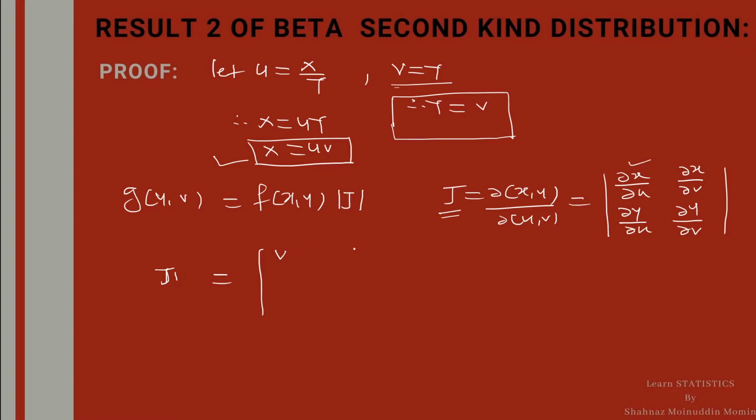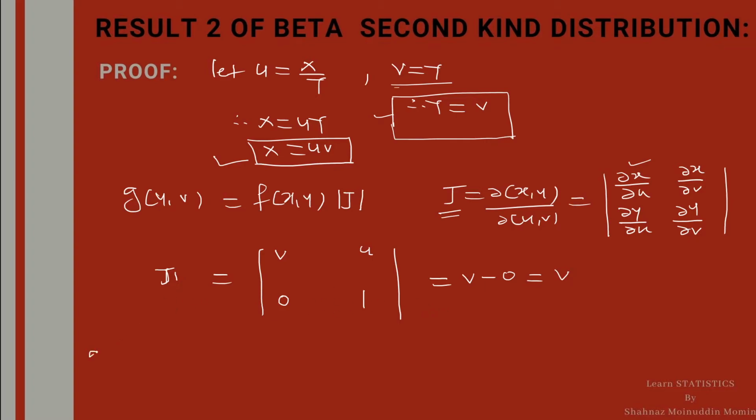Again differentiating x with respect to v, we get u. In the next row we differentiate y equal to v with respect to u. Since y contains no term containing u, the derivative of y with respect to u is 0 and the derivative of y with respect to v is 1. So it is the determinant v, u, 0, 1. After simplification it is v minus 0, so it comes out to be v. This is the value of the Jacobian of transformation.